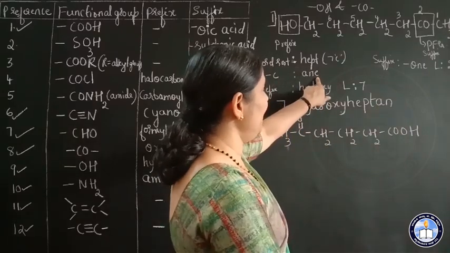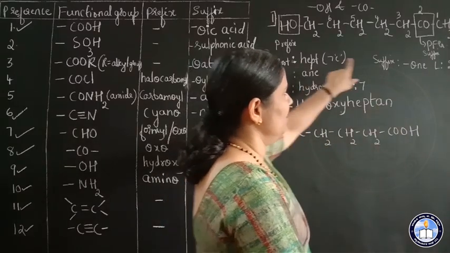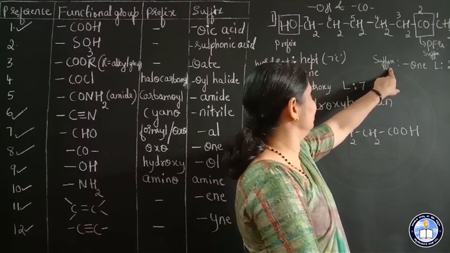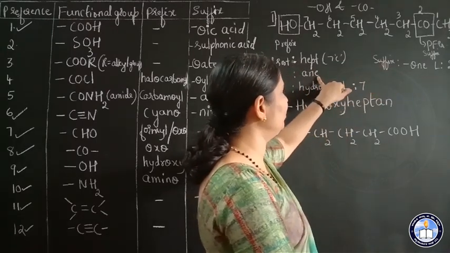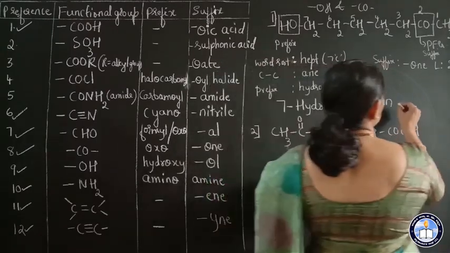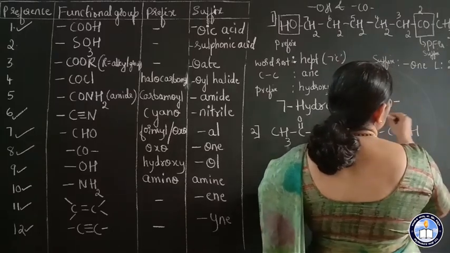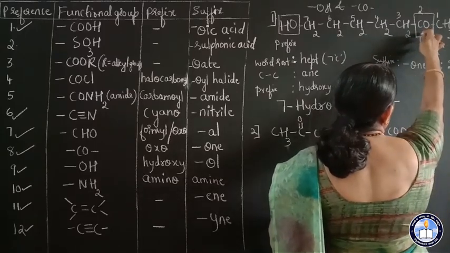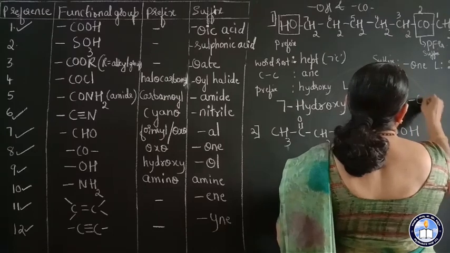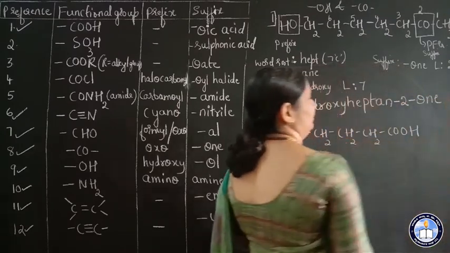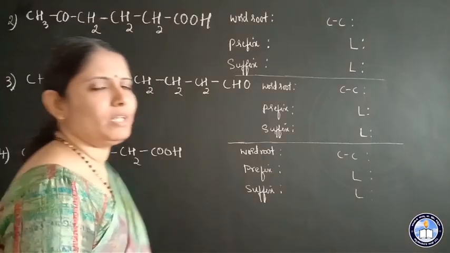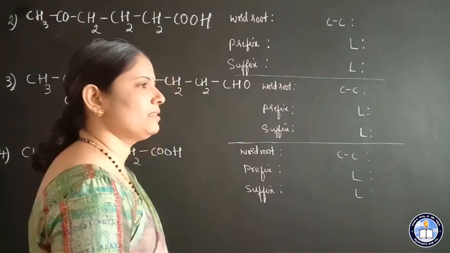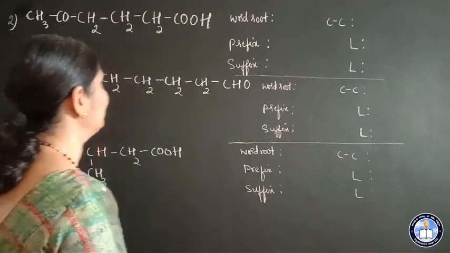Now E is replaced by the suffix ONE, so you should not write E here, just write AN. Then a dash, and the locant of the principal functional group is 2, so 2-one.